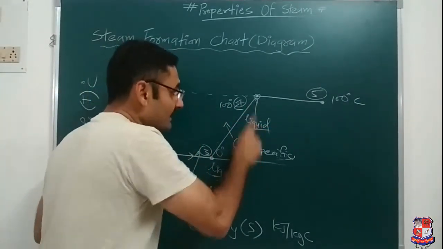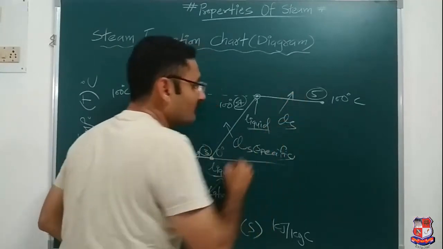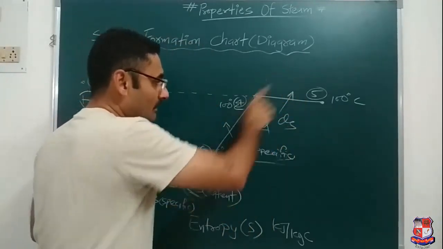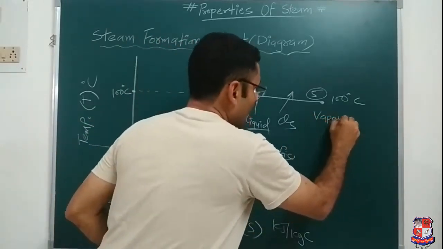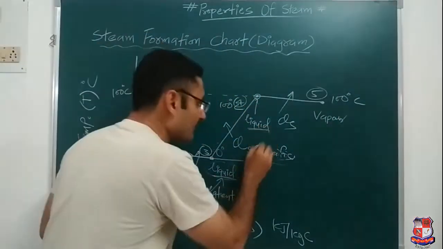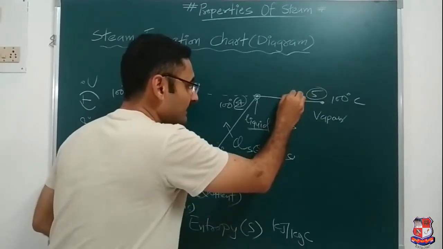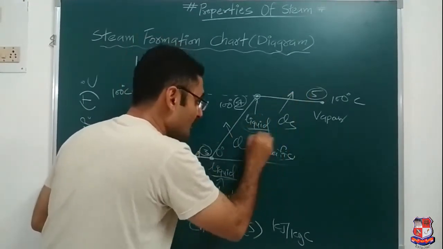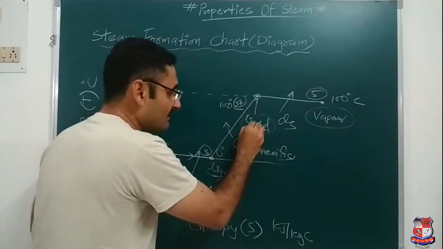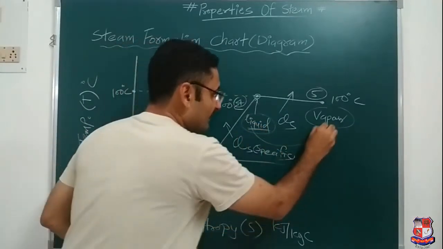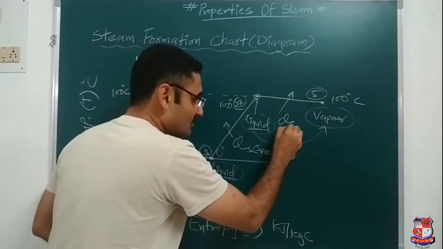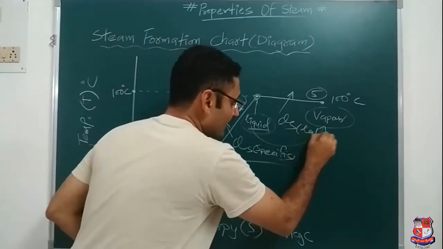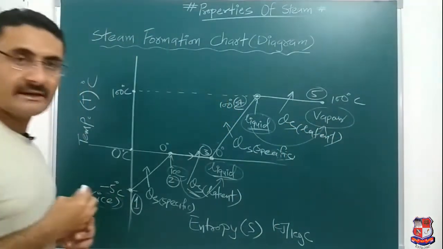If in the liquid you supply more heat, the liquid particles will convert into what? Into vapor particles. That means the heat you are supplying is changing the phase of the substance. The initial phase was liquid, and that phase is changed into vapor. Phase is changed due to that heat. So that heat is known as which heat? It is known as latent heat. Clear about the latent heat also?